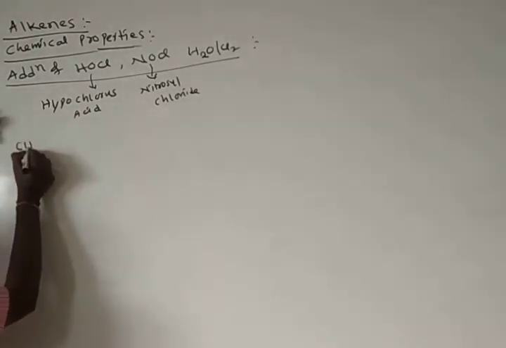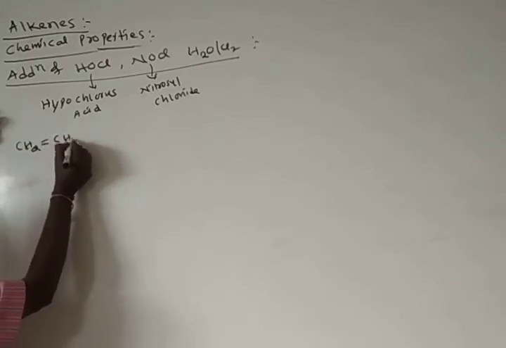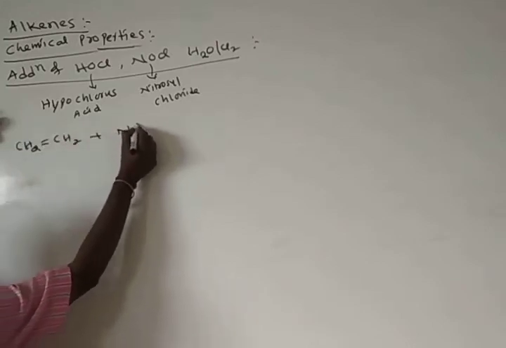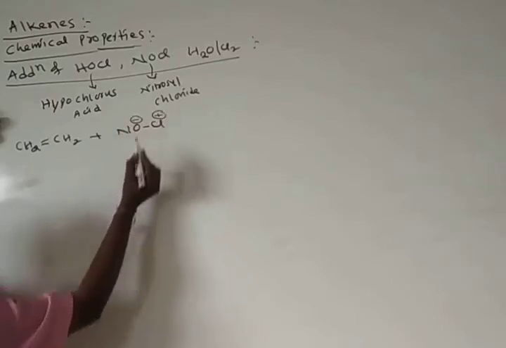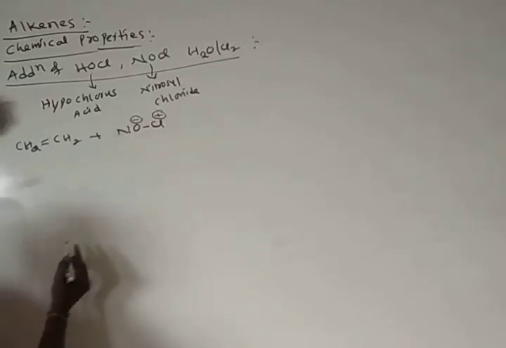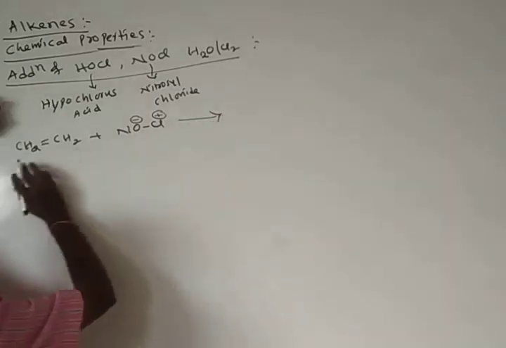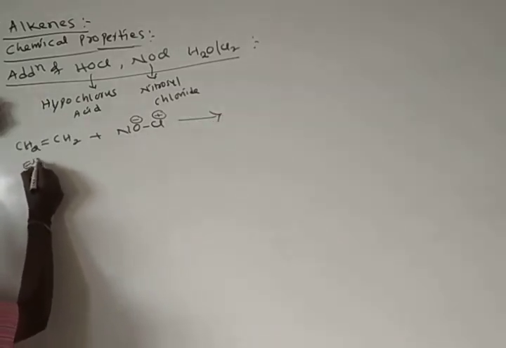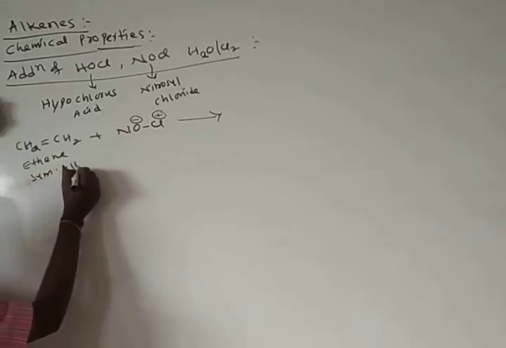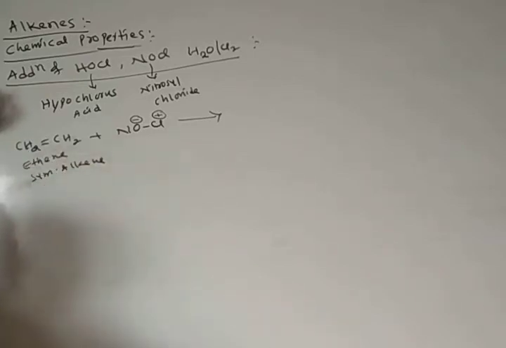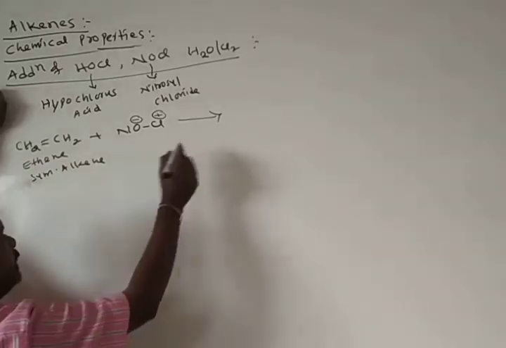See, symmetrical alkene, CH2 double bond CH2, with NOCl: NO minus, Cl plus. This is nitrosyl chloride. Nothing will happen in a symmetrical alkene. This is ethene, and it is a symmetrical alkene. Nothing will happen in ethene.